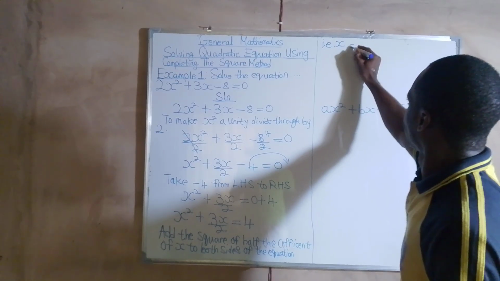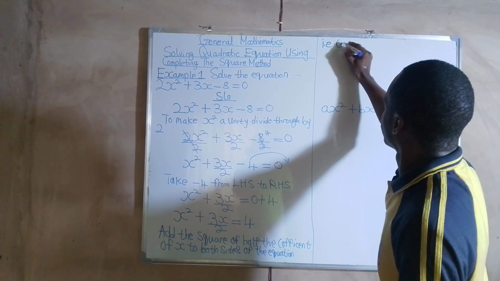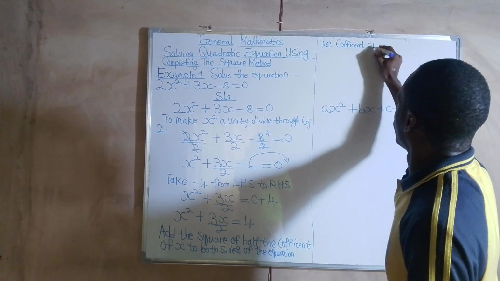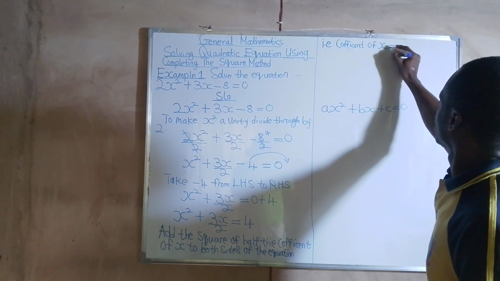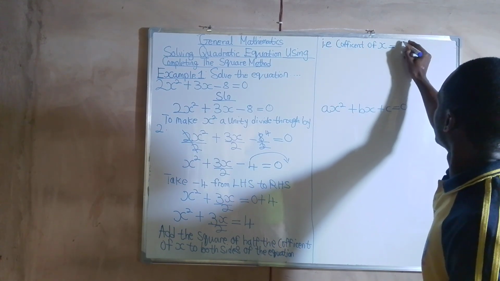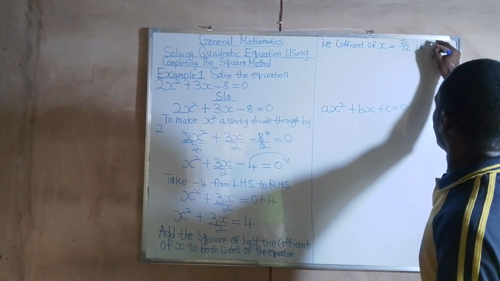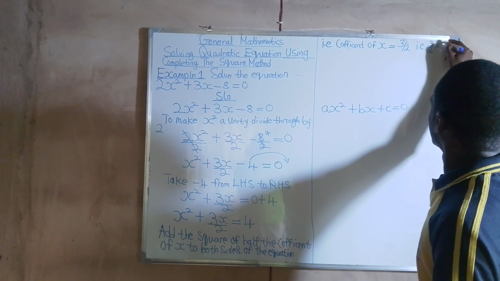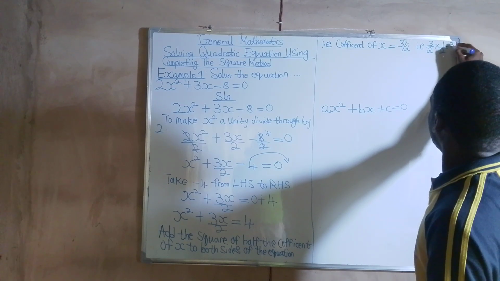The coefficient of x here is equal to 3/2. So therefore, half of it, which is 3/2 times 1/2, will give us 3/4.